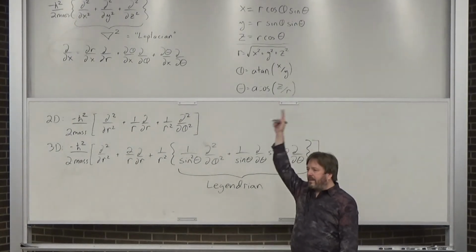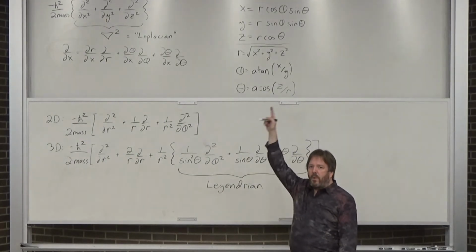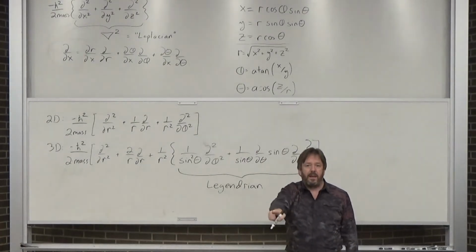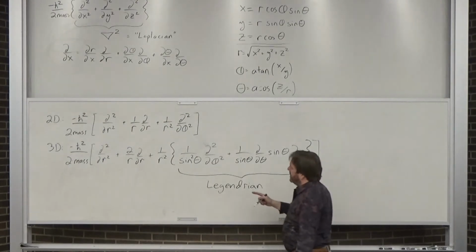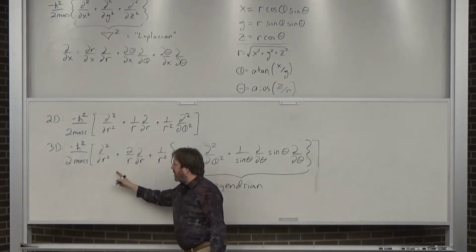When we did 3D, this is our new entrant, the theta. If I point theta 90 degrees, then 3D is 2D because it's in the XY plane. Notice that if we hold r fixed, these are gone.